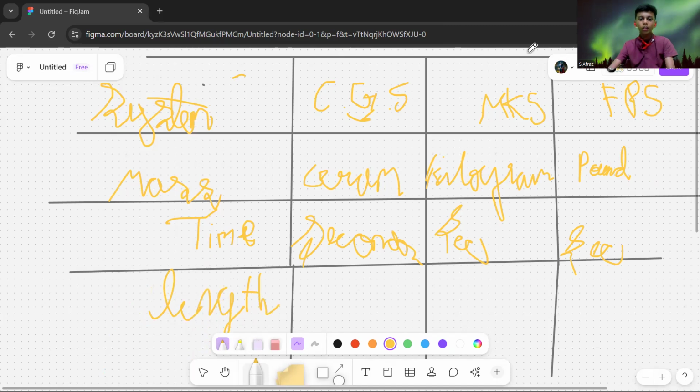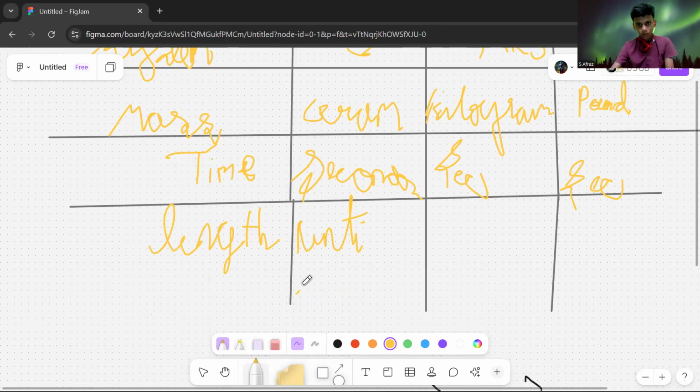And for length, the CGS system is centimeter. Yes, centimeter. And for the MKS system, it is meter.